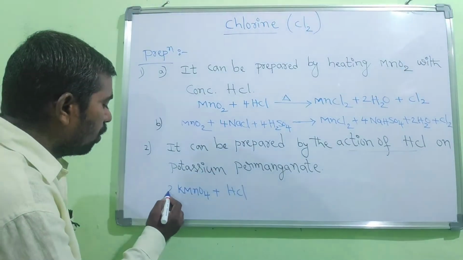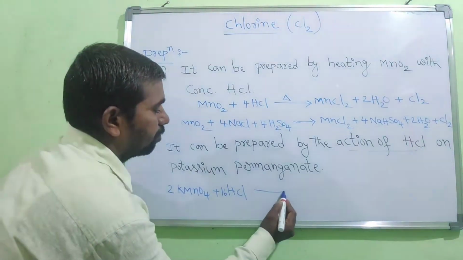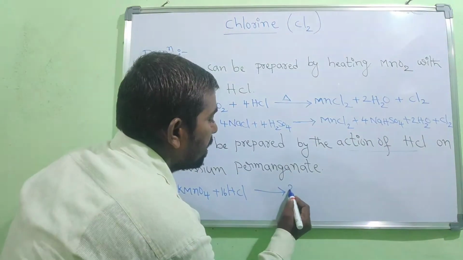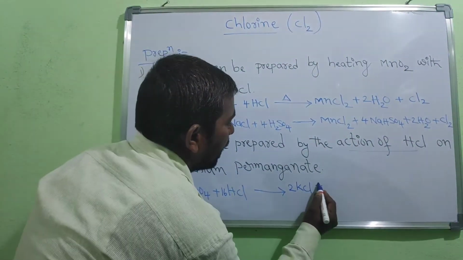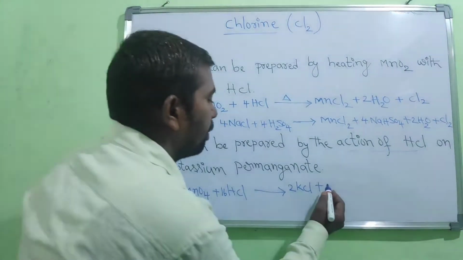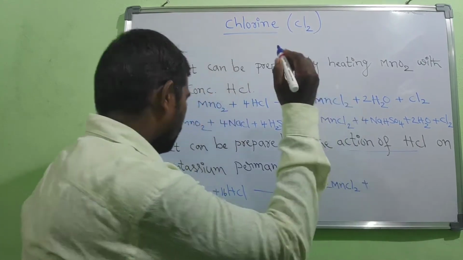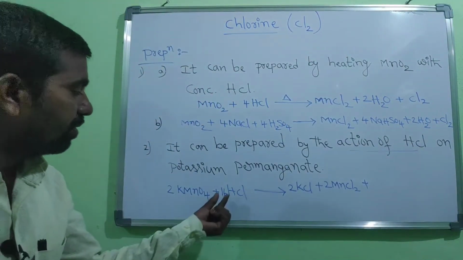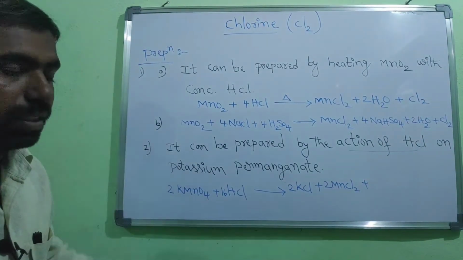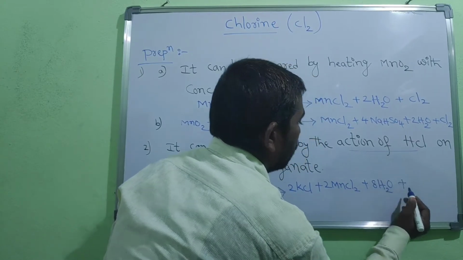I am taking 2 moles of KMnO4 and 16 moles of HCl. Both react with each other, and there is a formation of potassium chloride as a salt, and again 2 MnCl2, manganese dichloride. And next, there are 16 hydrogens and 8 oxygens, 2 4s are 8. So that's why I am writing 8 moles of water molecules.